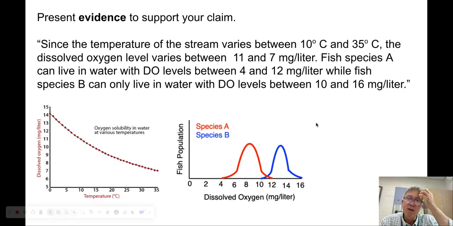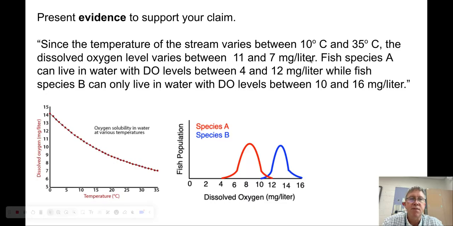So what I would say is, well, since the temperature of the stream varied between 10 degrees and 35 degrees, which is what I was told in the prompt, then I just look here and say, well, the dissolved oxygen levels, therefore, would vary between, it looks like, maybe 11 milligrams per liter and maybe 7 milligrams per liter.